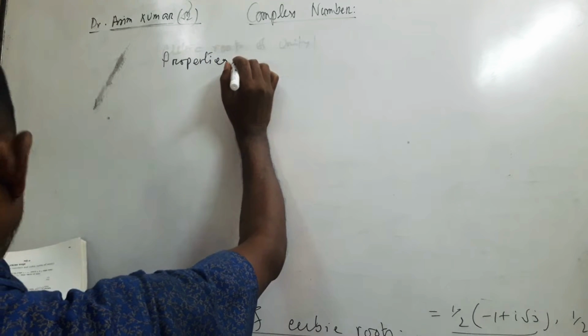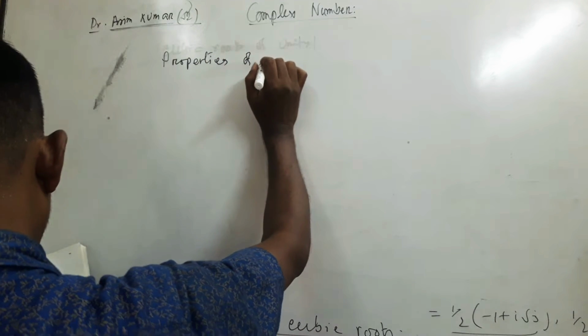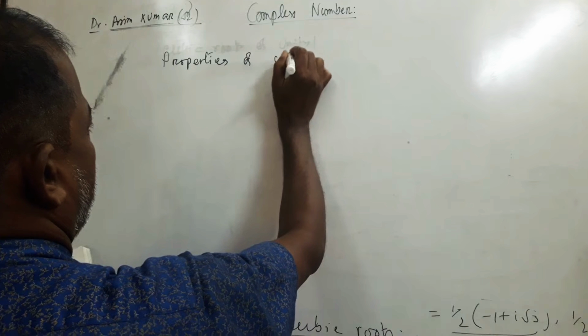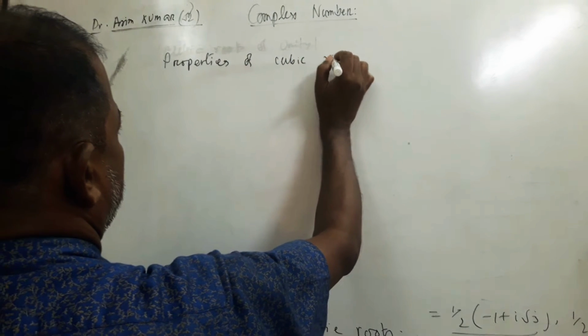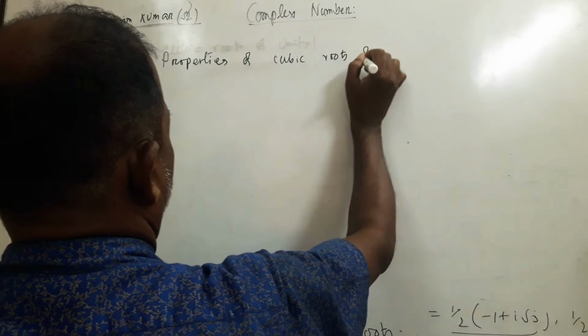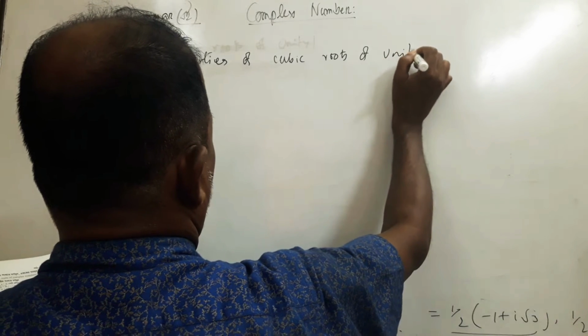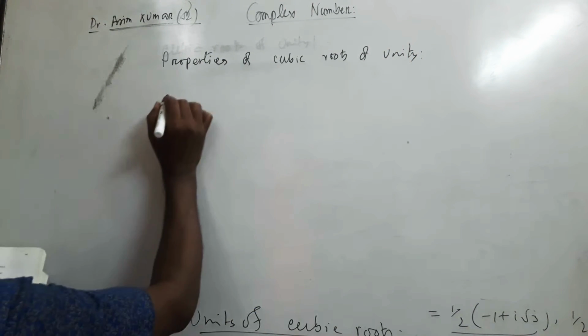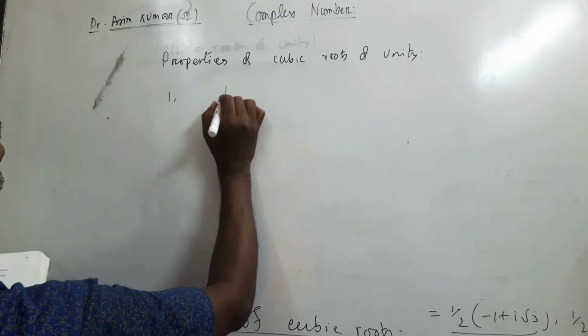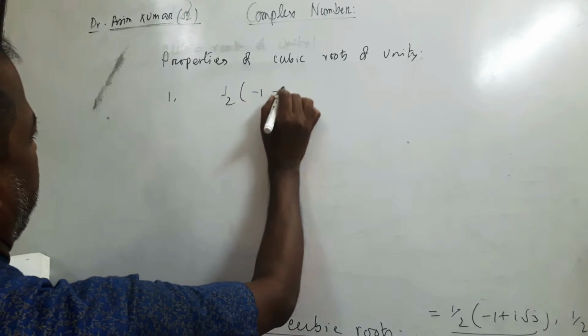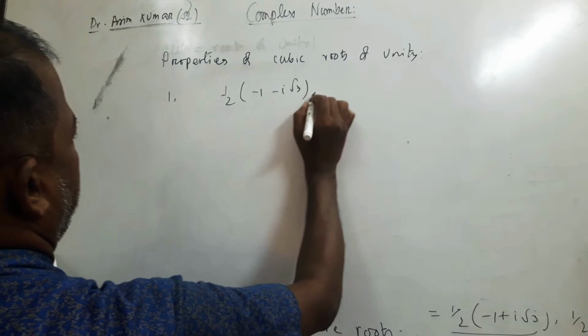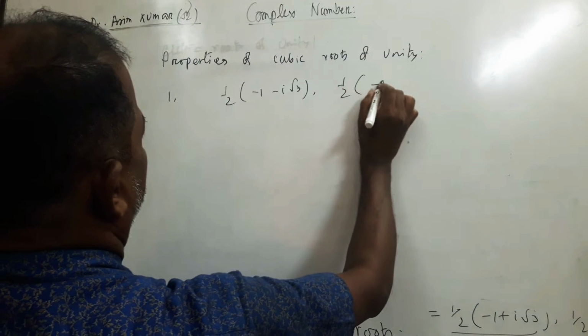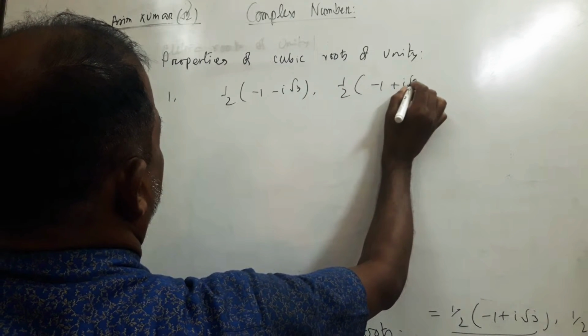Cube roots of unity, that means 1, half into minus 1 minus i root 3, and half into minus 1 plus i root 3.